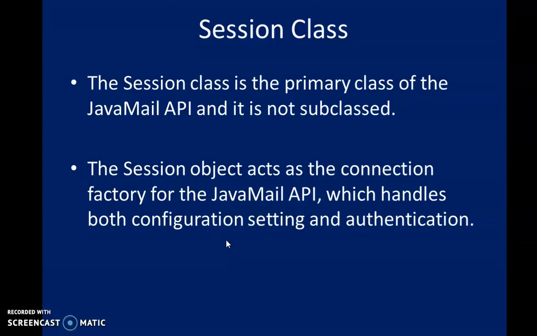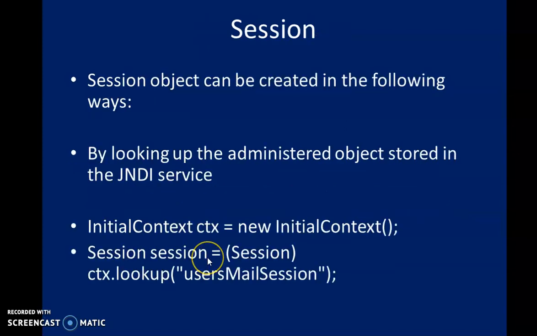And then Session. It is a primary class of the JavaMail API. It is not subclassed. It acts as a connection factory for the JavaMail API. Before you send an email, you have to start a session first, and it can be created in the following ways. One is Session session = session ctx dot.